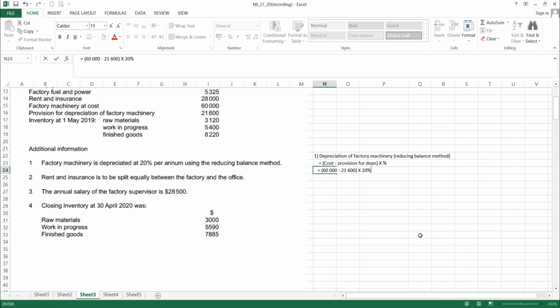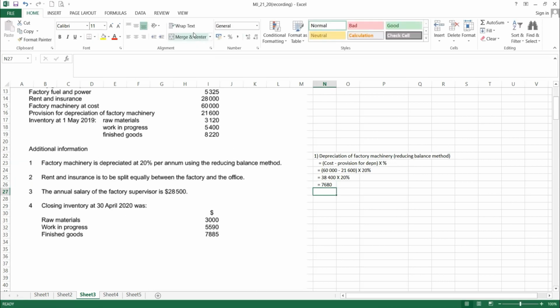20%. So let me count: 60,000 minus 21,600 is 38,400, times 20% equals 7,680.